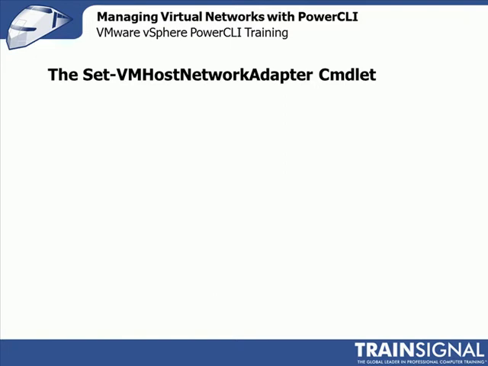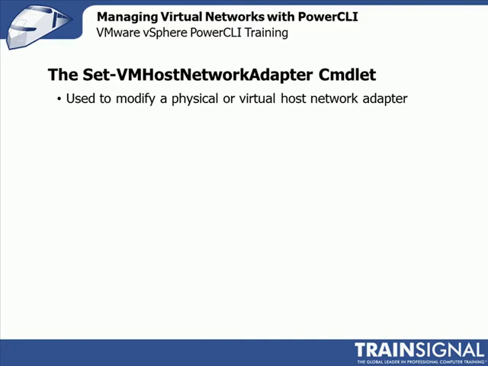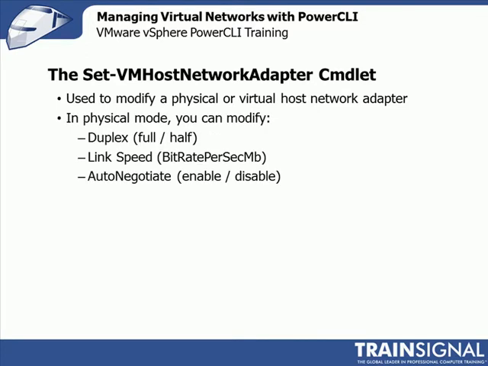Now we're going to talk about the Set-VMHostNetworkAdapter commandlet. This commandlet is used to modify a physical or virtual host network adapter. In physical mode, you can modify the duplex, link speed, or auto-negotiate flag. These are very basic network settings which you're probably very familiar with, but just in case you're not, you can set your duplex to either full or half.